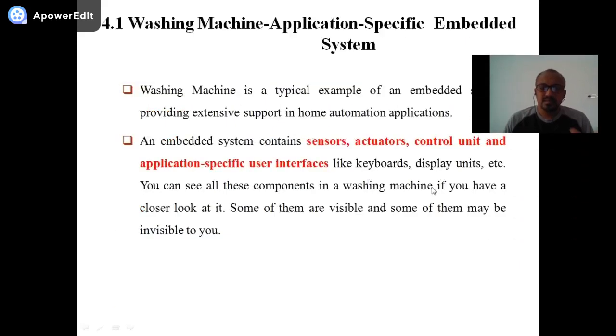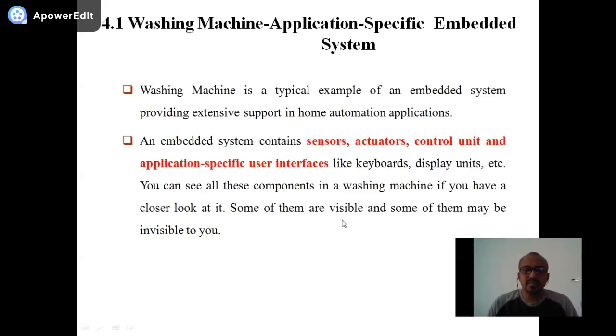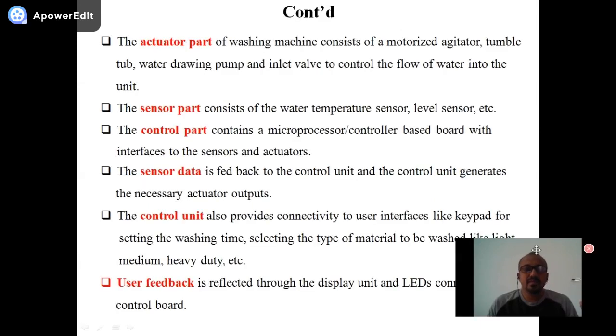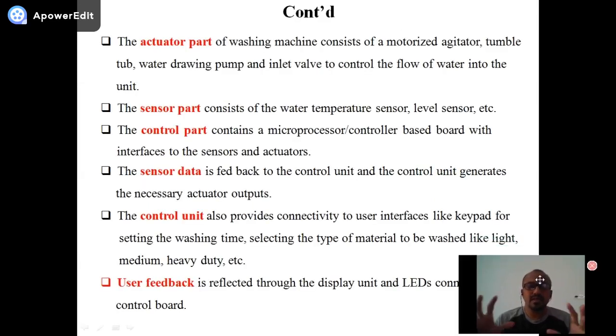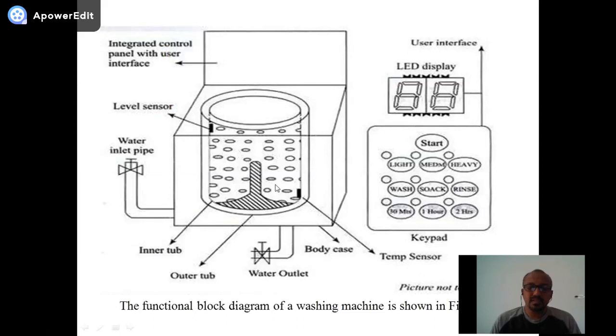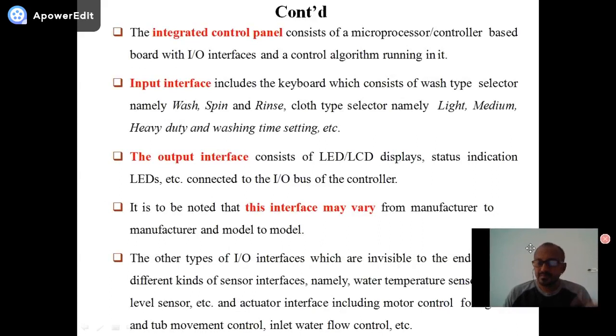Some of them are visible to us, like the controller, and some are invisible. I told you that there are sensors and actuators. There are two sensors here, and the actuators are the valve and the motor which is used to turn the drum to wash the clothes.